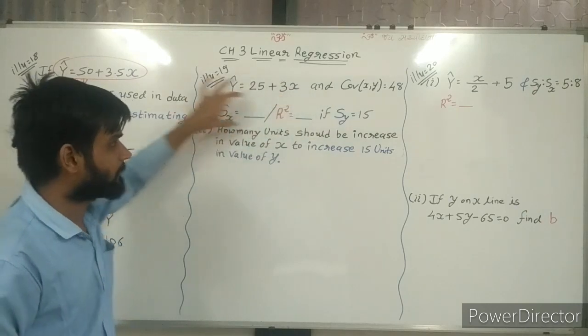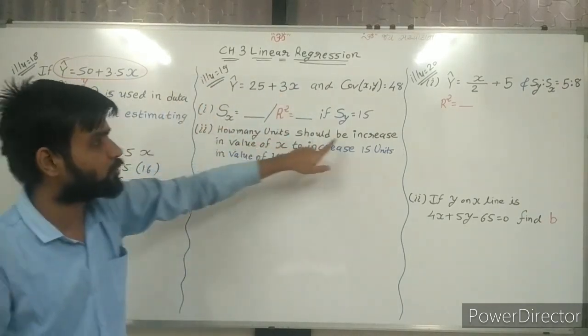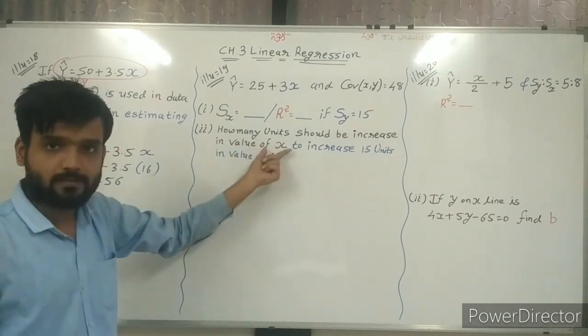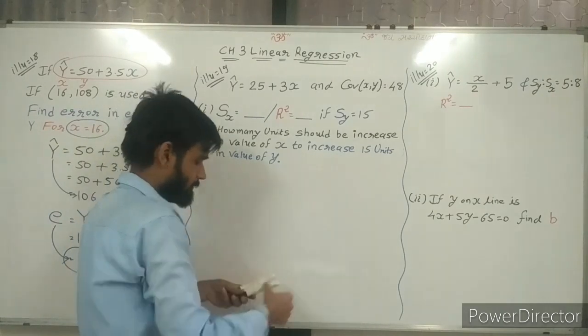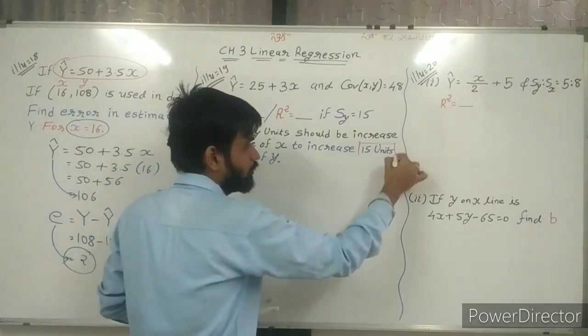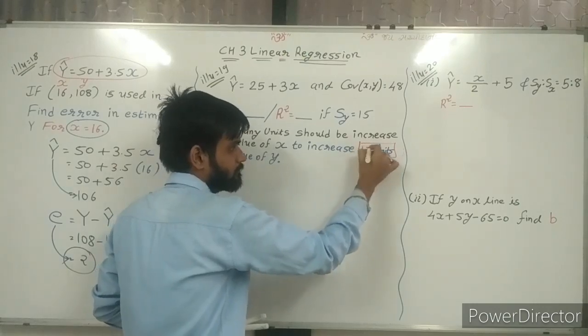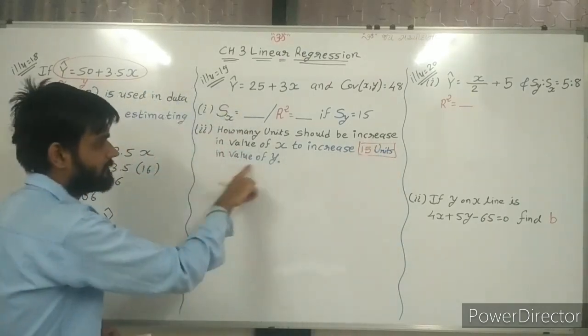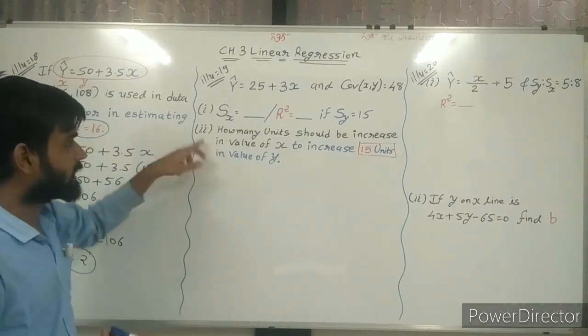So the first question is clear. Now what is the second question? How many units should be increased in the value of x to increase 15 units in the value of y? So this is my second question.